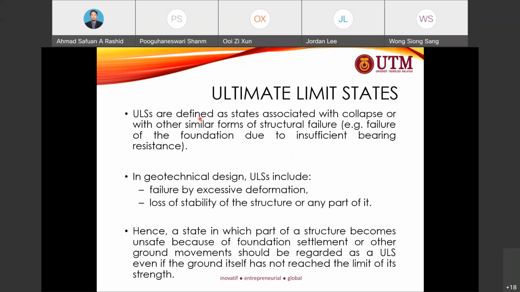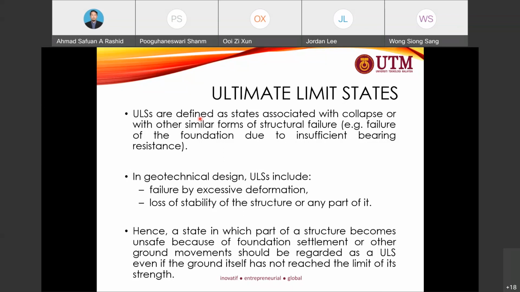ULS is defined as a state associated with collapse or with other similar forms of structural failure, for example failure of the foundation due to insufficient bearing resistance. In geotechnical design, ULS includes failure by excessive deformation and loss of stability of the structure or any part of it.